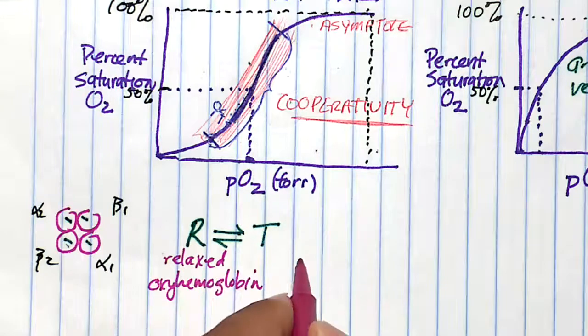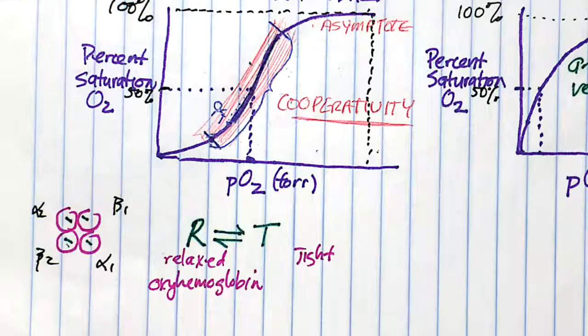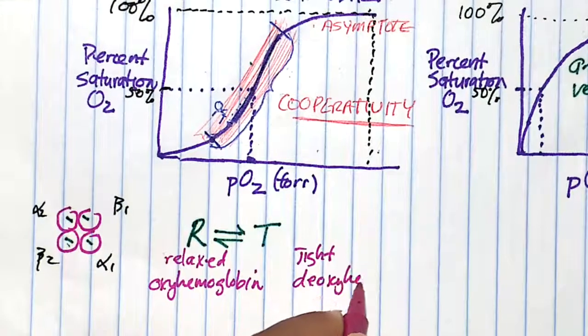The T state, like I said before, stands for tight, and that is a three-dimensional conformation of the subunit of hemoglobin that favors the deoxyhemoglobin form.